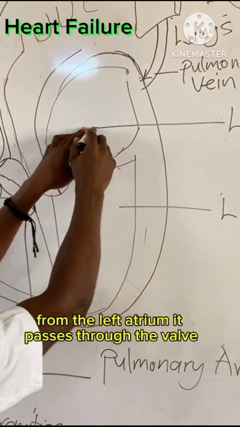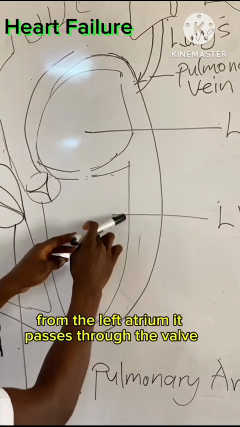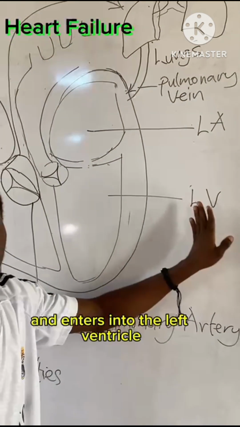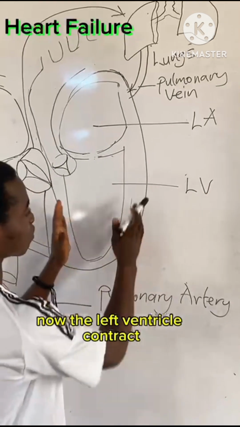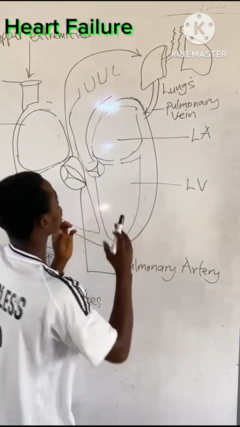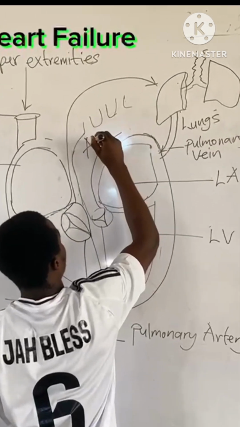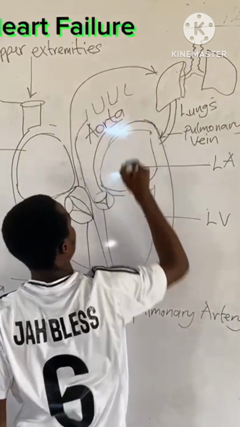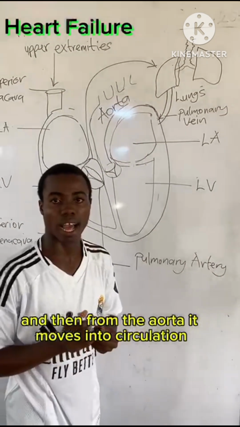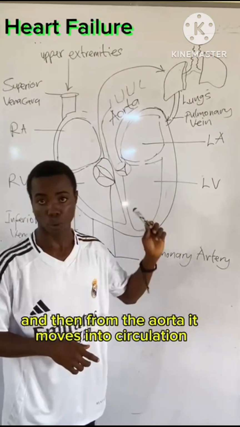From the left atrium, it passes through the valve and enters into the left ventricle. Now the left ventricle contracts to push blood through the aorta. And then from the aorta, it moves into circulation.